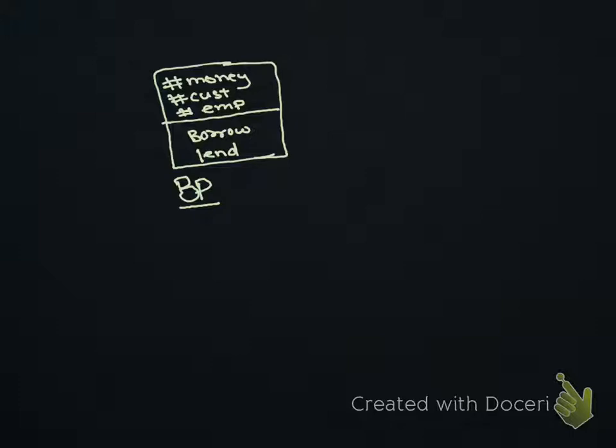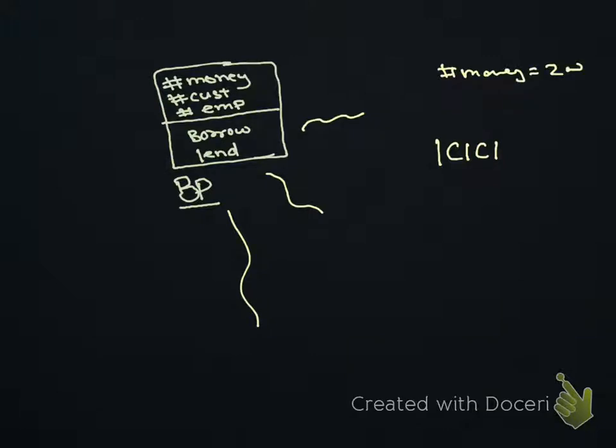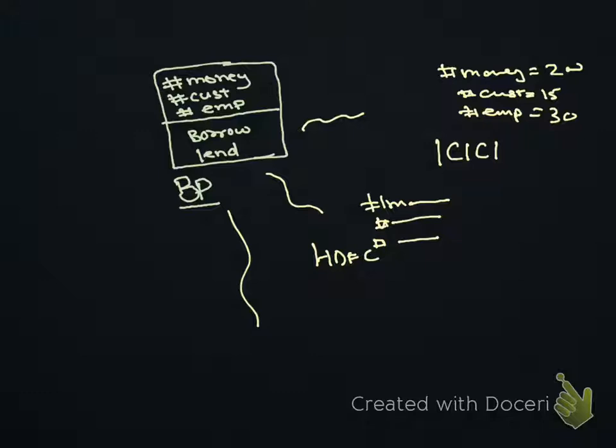Now when I put this blueprint out there in existence, I can actually create different instances of your bank. I can have an ICICI bank which probably has, let's say, some $200,000, which has some 15,000 customers, although that's a lot more. It's just an example, and which might have, let's say, some 30 employees. Here might be some other bank, let's say HDFC, which will have a different value for money, different number of customers, and different number of employees from ICICI.